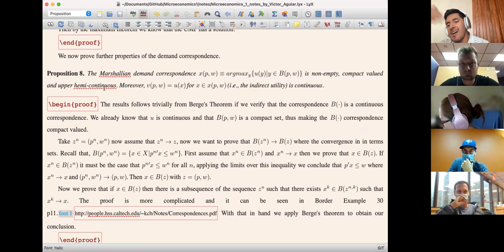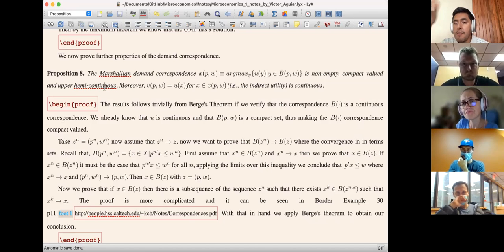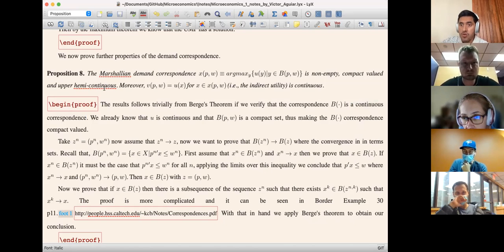And in fact, it doesn't only work for utilities, right? Replace utility by any function that you're maximizing, and you're going to get the same properties, right? It can be any problem that you're facing, okay? As long as the budget constraint is continuous, you're going to get this. So it doesn't only apply to utility maximization. Here, our interest, of course, is utility maximization.